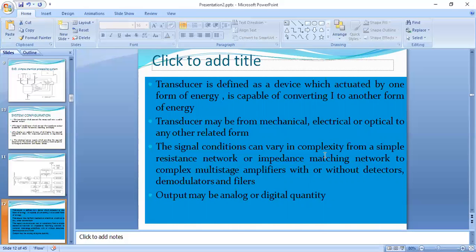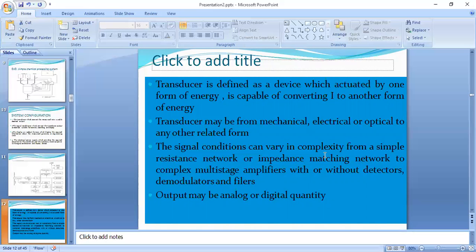In the sense, the analog and digital quantity should be stored to the PC. Then the readout or display device may be in analog or digital format.